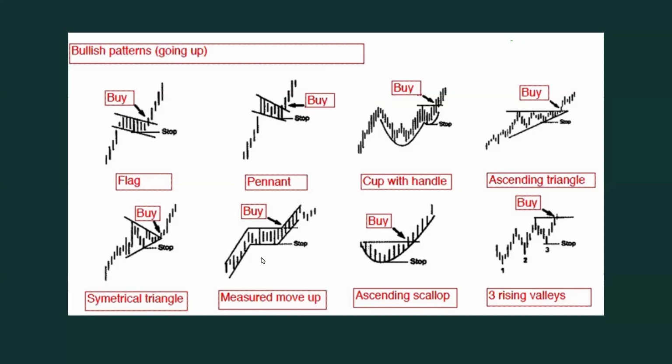Measured move up: when you see bullish patterns indicating a breakthrough of the resistance level as well, you can place your trade at the entry over here. All these bullish patterns indicate a very good upward trend. A lot of traders will look at the trend line that the pattern is following, which is able to indicate an entry level at this point.